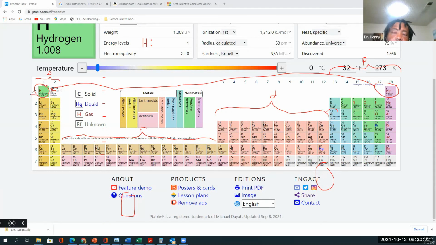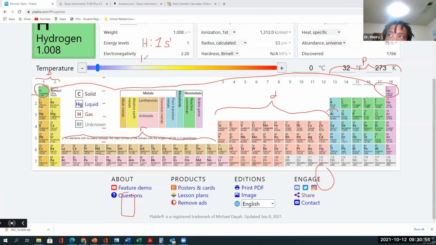Then we go to that very first energy level, and hydrogen has 1 electron in it. So we write the energy level, the number 1. It's in the S sublevel, and there's 1 electron. So that would be the electron configuration for hydrogen.